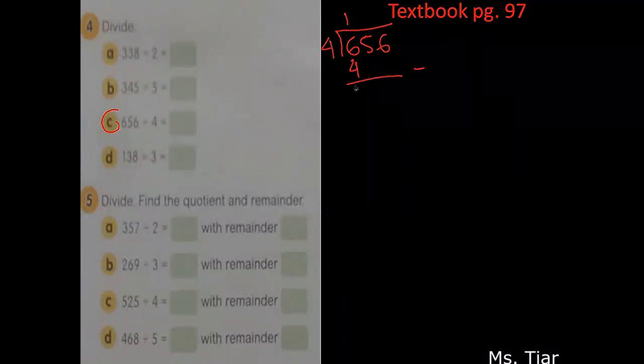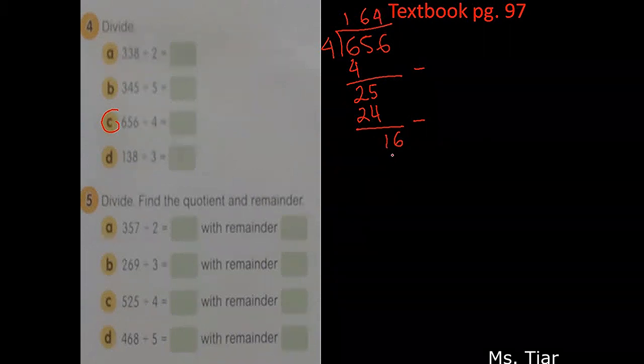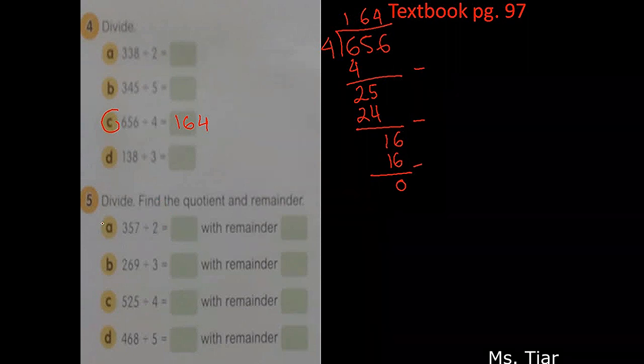Subtract it, and then we get 2 over here, and then regroup with the 5. 25 divided by 4, we get, yes, 6. And then 6 times 4, we have 24. You subtract it, 1. Regroup with 6. 16 divided by 4, we have 4. 4 times 4, we have 16. You subtract it. So the answer is 164.